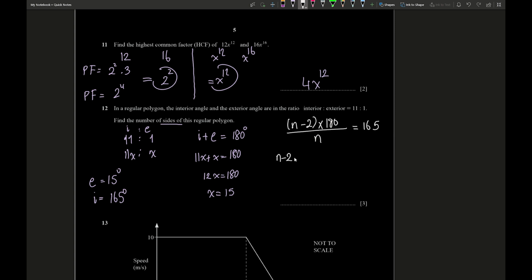So (n minus 2) times 180 is equal to 165n. Expand to get 180n minus 360 is equal to 165n. And so by subtracting 165n and adding 360 and then dividing, we get that n is equal to 24. That's the number of sides of the regular polygon.